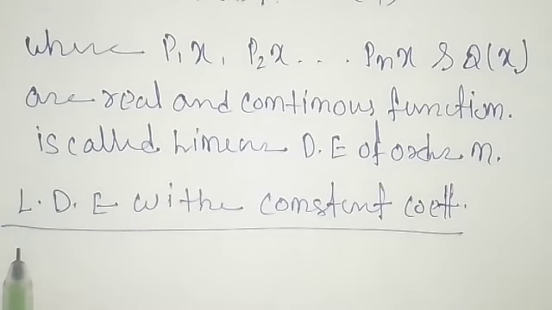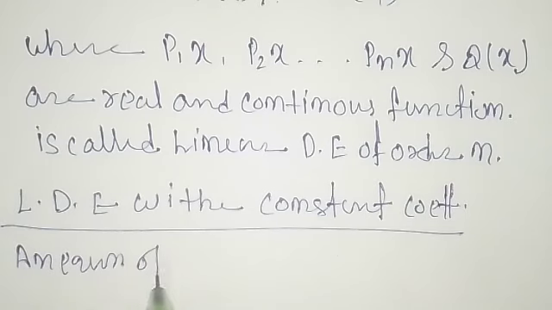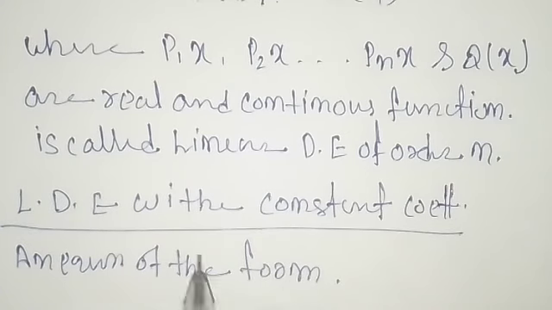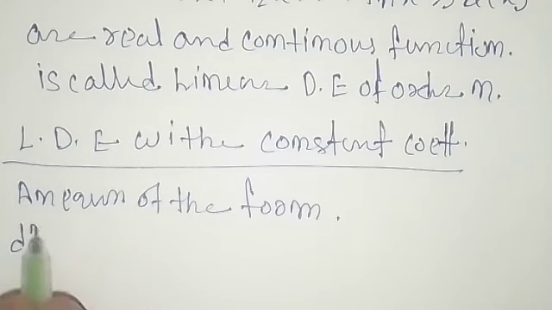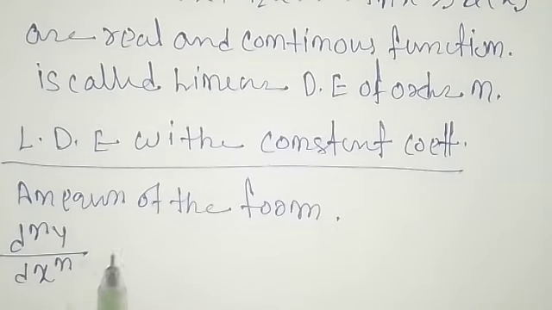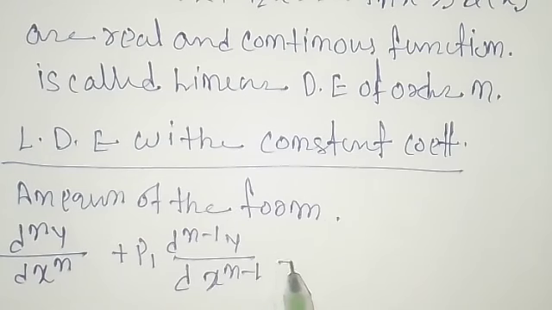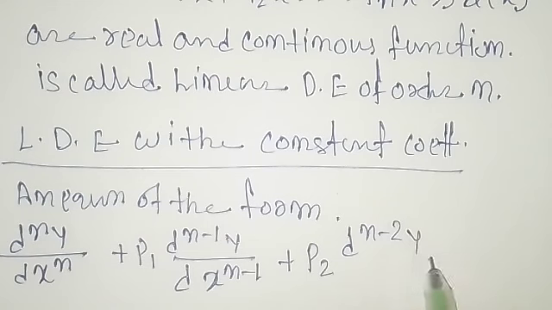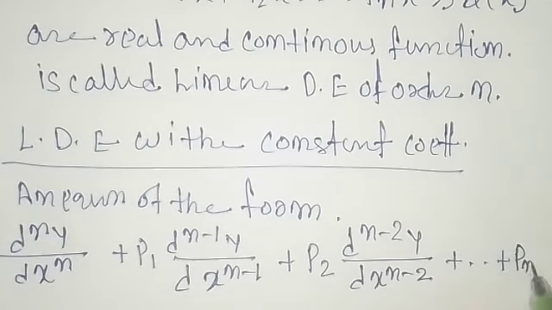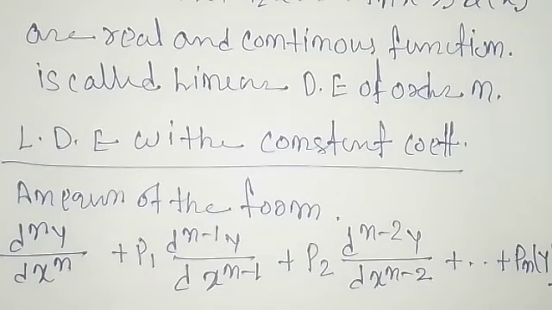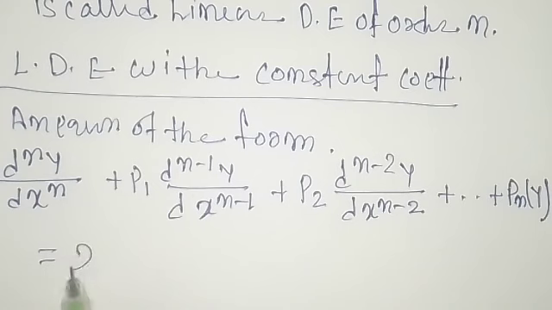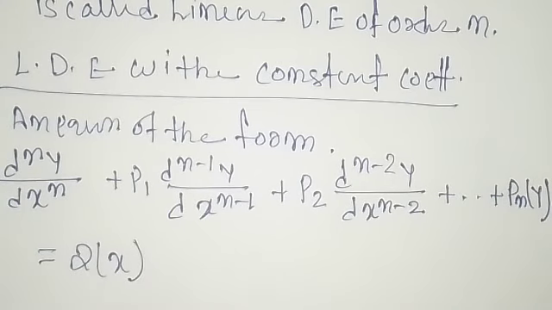So an equation of the form d to the power of n y by dx to the power of n plus p1 d to the power n minus 1 y by dx to the power of n minus 1 plus p2 d to the power n minus 2 y by dx to the power n minus 2, and so on, plus pn y is equal to q of x, where p1, p2, pn are real constants and q of x is a continuous function of x, is called an ordinary differential equation of order n with constant coefficient, right?